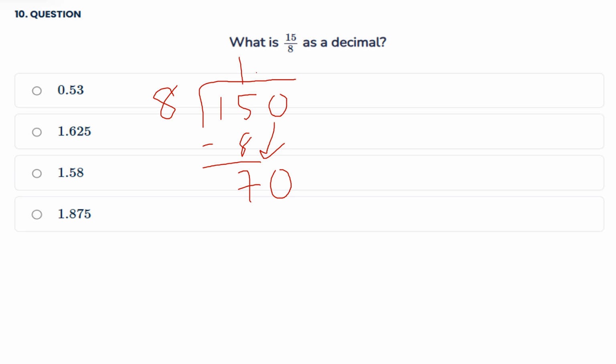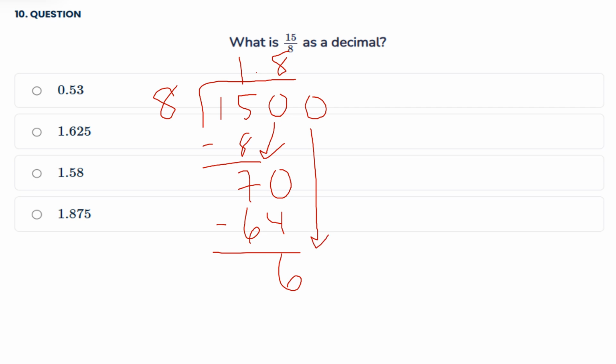All right, so 8 can go into 70 8 times. And 8 times 8 is 64. And anytime I get a decimal, I always tell my students to get at least 2 numbers after the decimal. So 70 minus 64 is 6. 8 can't go into 6, so we add another 0.